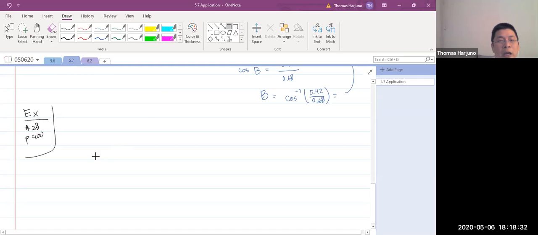So let's say I have this situation. If this is the antenna, maybe I use this color. Let's say this is the antenna. And then this is 40. Is it 40 meters or 40 feet? Yeah, 40 meters.